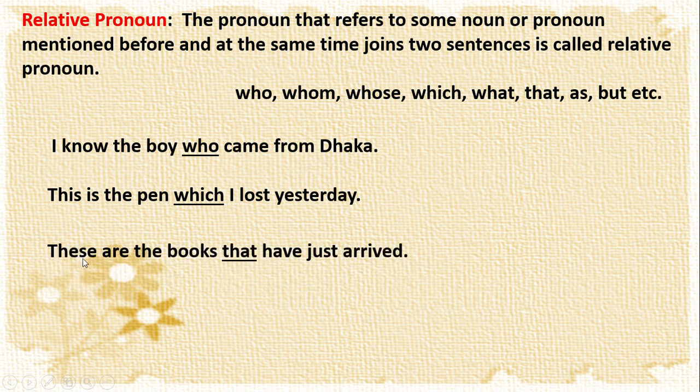Another example for you. These are the books that have just arrived. Here, that is the relative pronoun. Today, we will learn the rule, the complex sentence that have the uses of relative pronoun: who, which, that, etc. Let's see the rule.